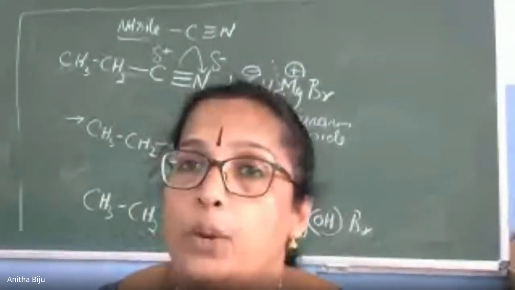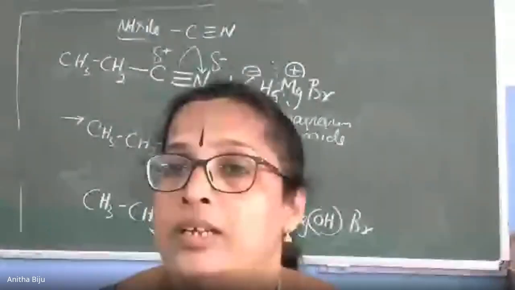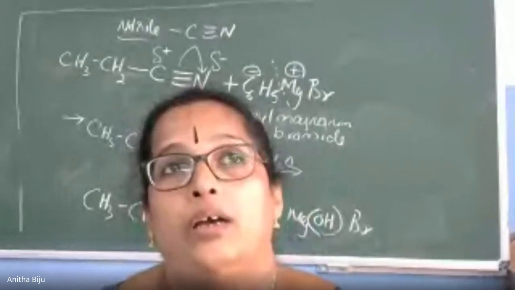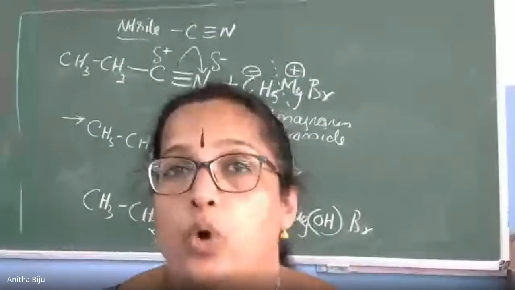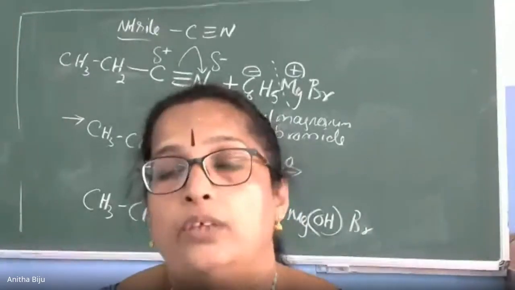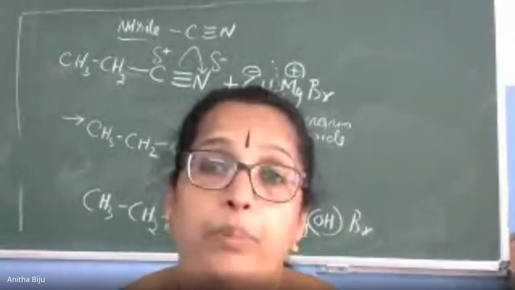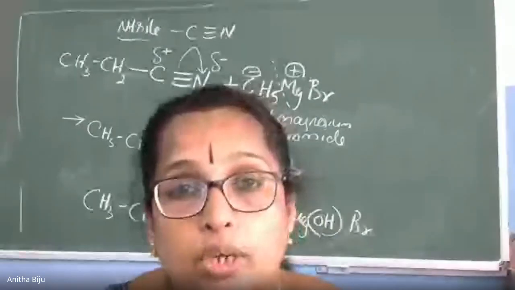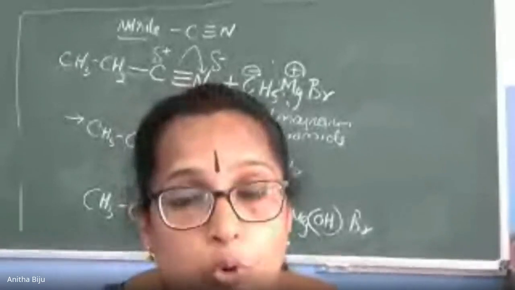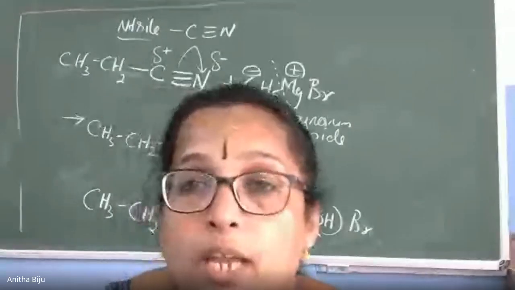Second point, when we compare the boiling point of aldehydes and ketones with the corresponding hydrocarbon, for example ethanal and ethane, compared to ethane, ethanal has a high boiling point. Compared to the corresponding hydrocarbon, an aldehyde or ketone has a high boiling point, and the reason is dipole-dipole interaction.